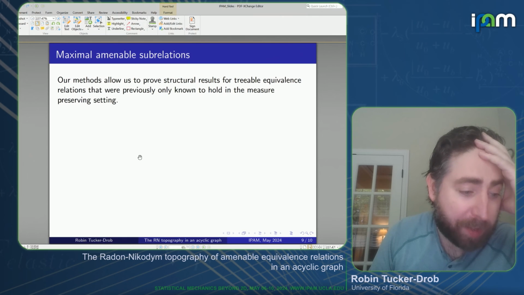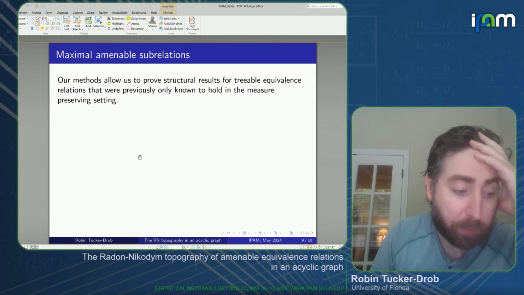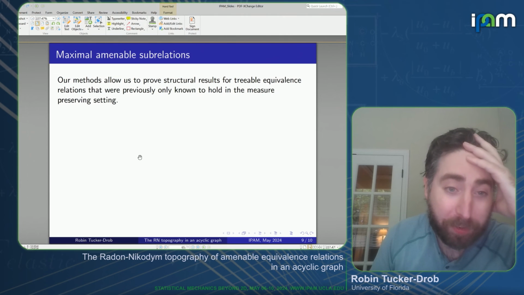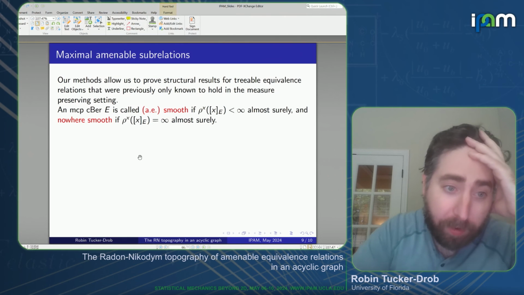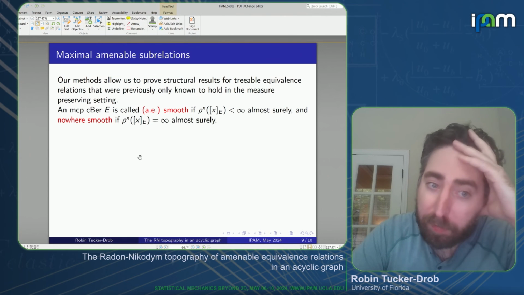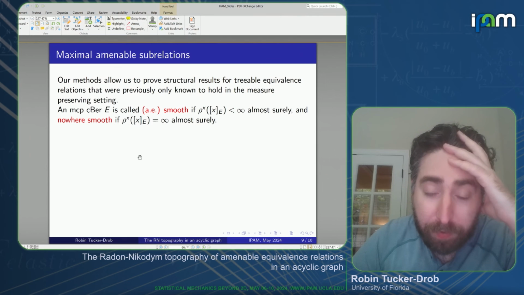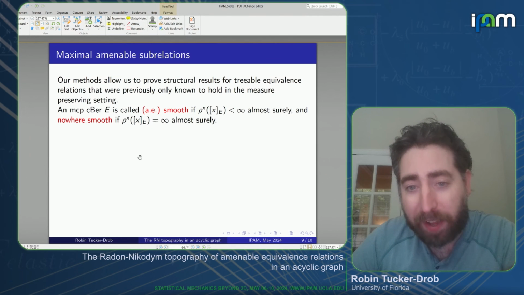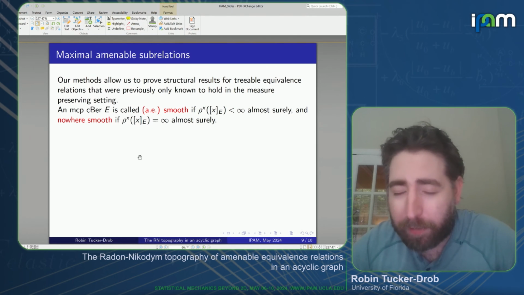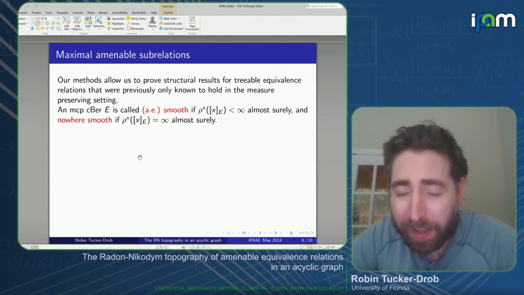But in the measure class preserving setting, instead of the equivalence relation being finite, you have to take into consideration the cocycle. So the equivalence classes will be cocycle finite. Here, a measure class preserving countable Borel equivalence relation is called almost everywhere smooth. When I'm applying the cocycle to a set, I just mean viewing rho superscript x as a measure.